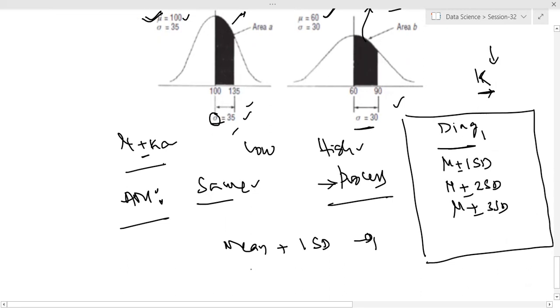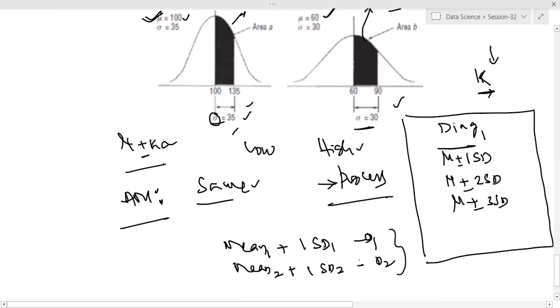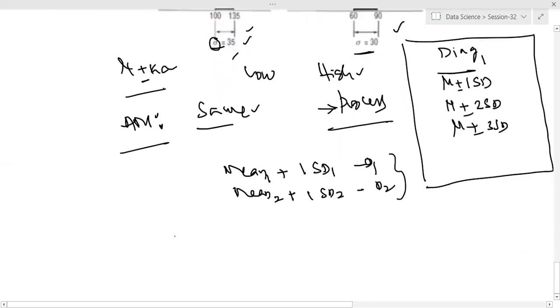And in diagram 2 also, this is mean 1 and this is mean 2, and we are having the standard deviation 2. This is diagram 2. Now, as per our analogy, what is the percentage of the data within 1 standard deviation of the diagram, friends?